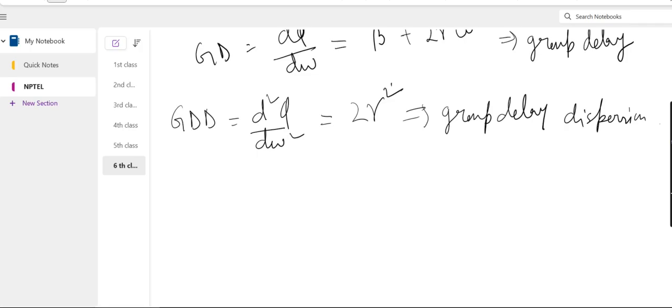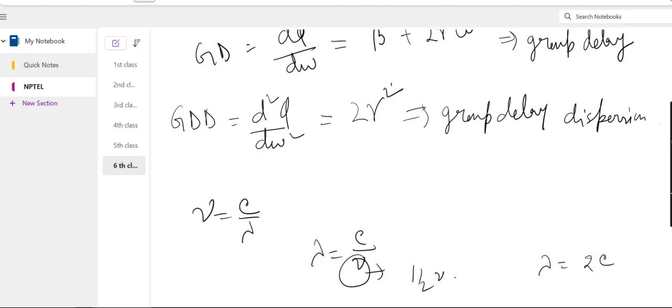And there is a question, if the frequency of the light wave is halved when its velocity remains the same, then how does the wavelength change? You can know that frequency is c by lambda, lambda is c by nu. If it becomes half of nu, so lambda becomes 2c by nu.